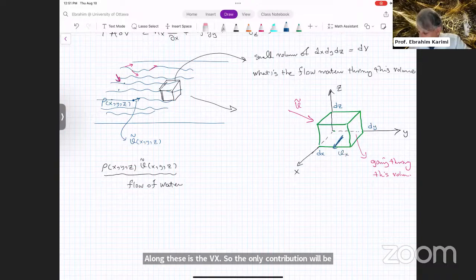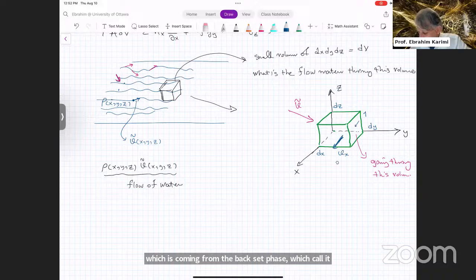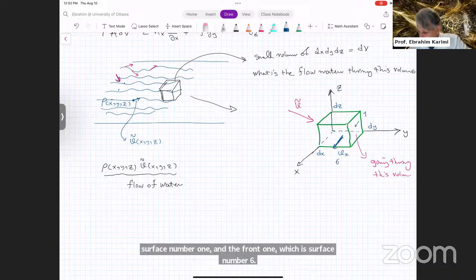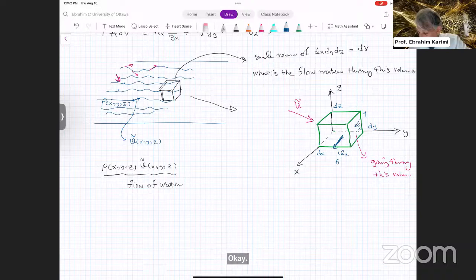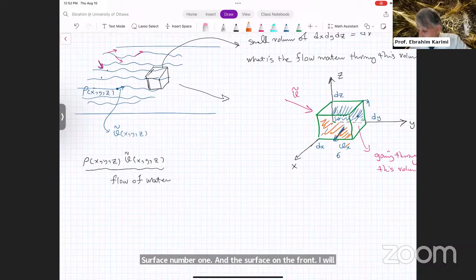Then you have an amount of water which is coming from the back surface, which I will call surface number 1, and the front one, which I will call surface number 6.